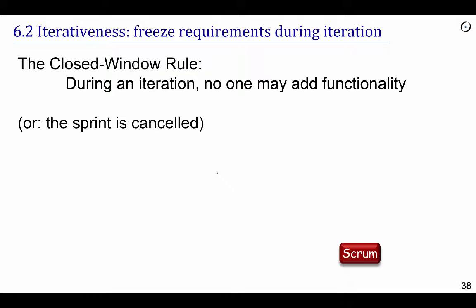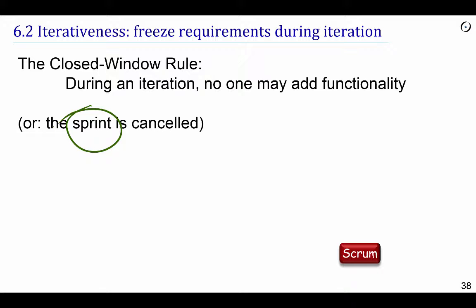So we take a certain iteration, also known as a sprint in Scrum terminology, and it has a certain list of functionalities to be implemented. It could be a task list, it could be a list of user stories, which we're going to see in a few moments, which are elements of requirements.